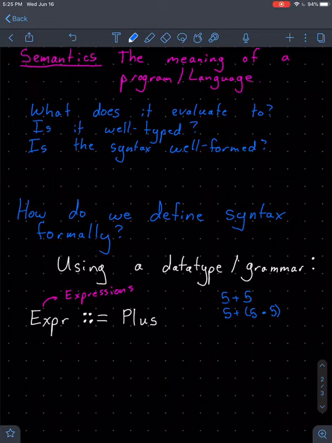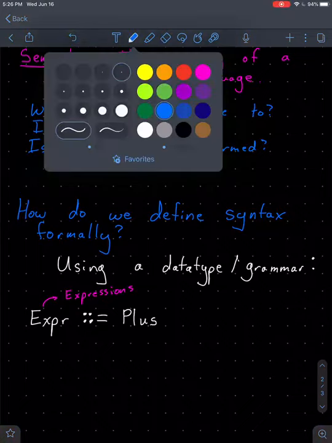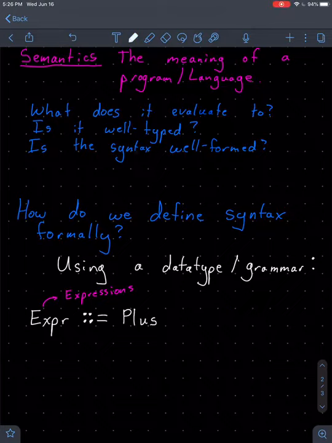So I'm seeing an answer I like in chat from Brian that's almost right. Instead of trying to make the constructor plus take natural numbers, we can just give it expressions. So let's give it 2 expressions instead. This will allow us to nest everything pretty much as we want.